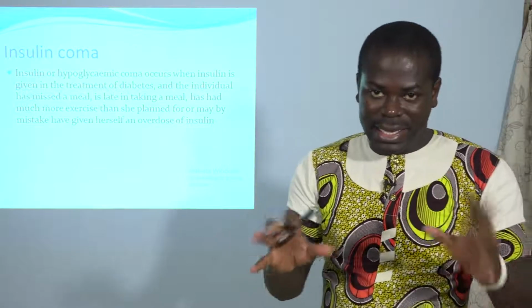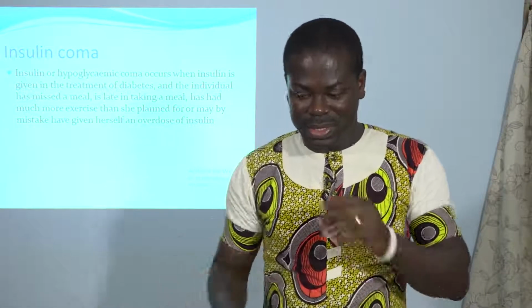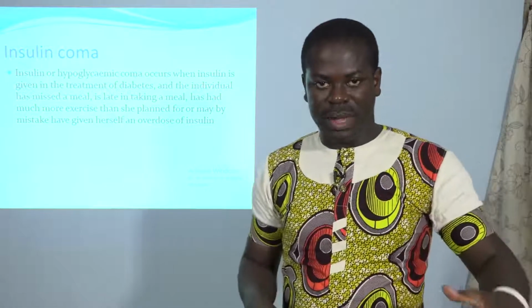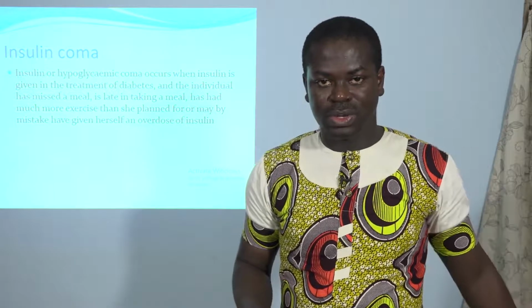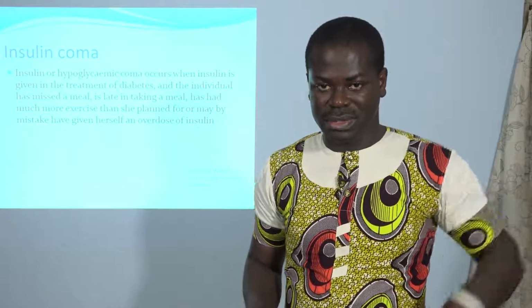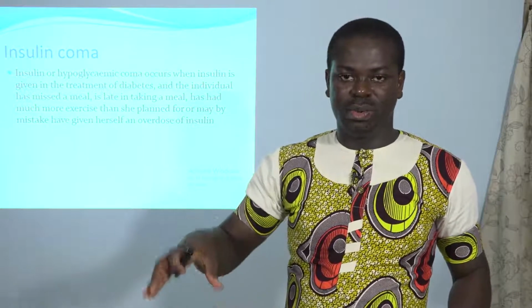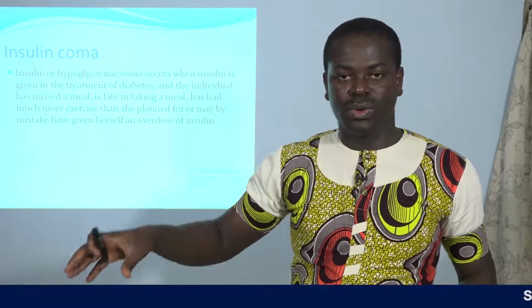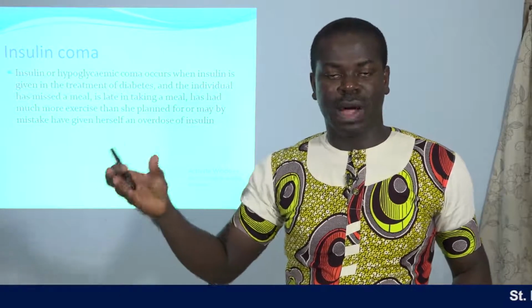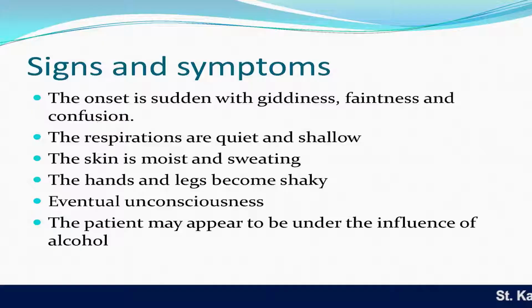So that is the concept. With diabetes coma, high level of glucose in the blood, little or no insulin to carry it to the muscles. With insulin coma, high level of insulin in the blood, little or no glucose to be carried to the muscles.